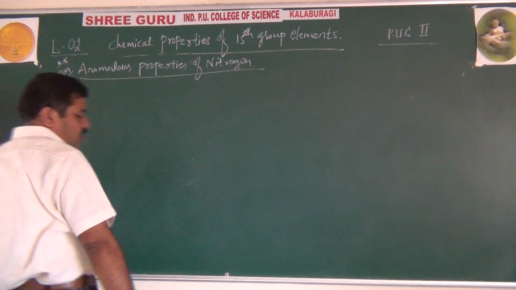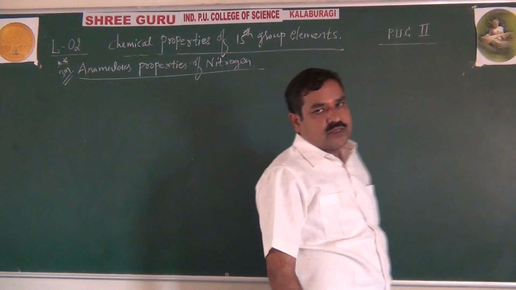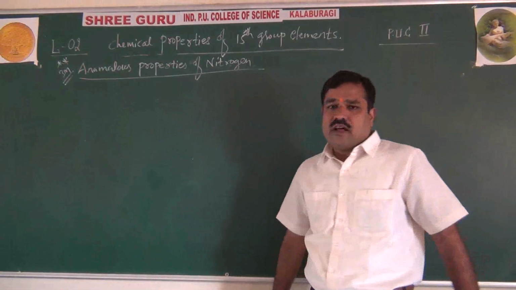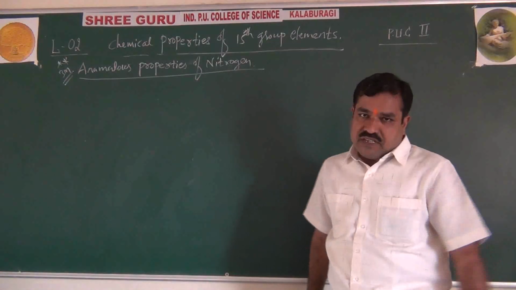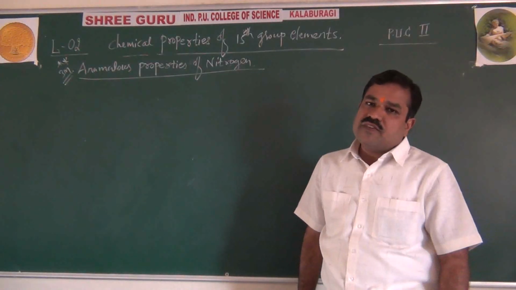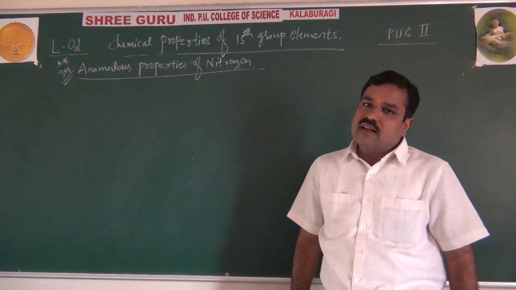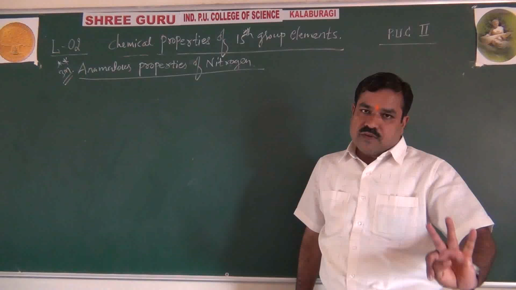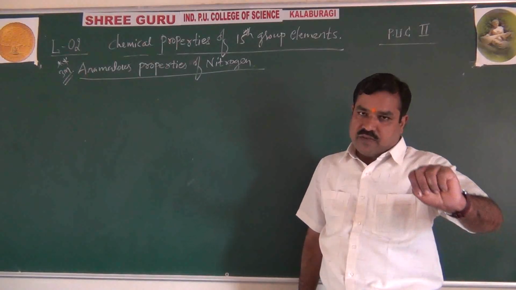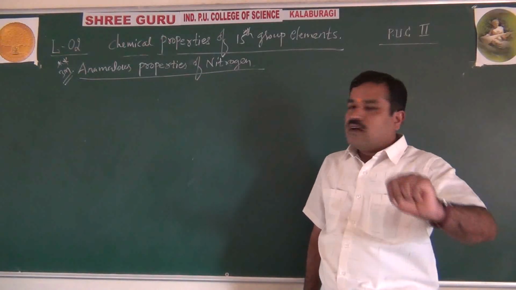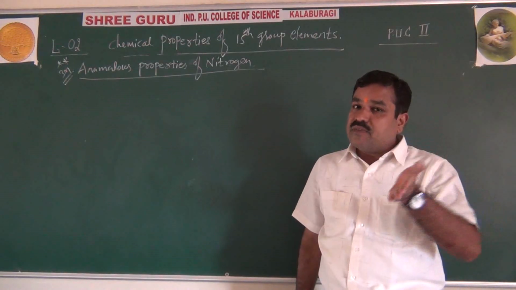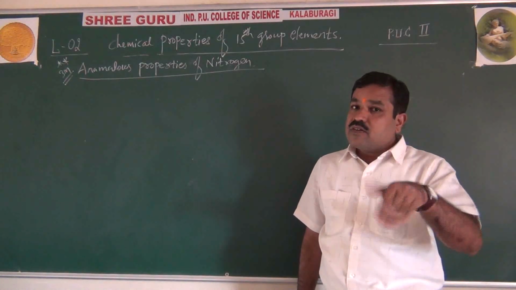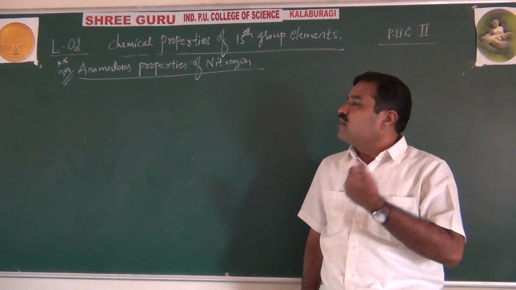And the reason for the anomalous properties separately for 2 marks. What are these properties? Very simple. You are studying the physical and chemical properties of all group 15 elements: nitrogen, phosphorus, arsenic, antimony, bismuth. See how nitrogen differs from the rest of the elements. How nitrogen differs from the rest is what is called an anomalous property.